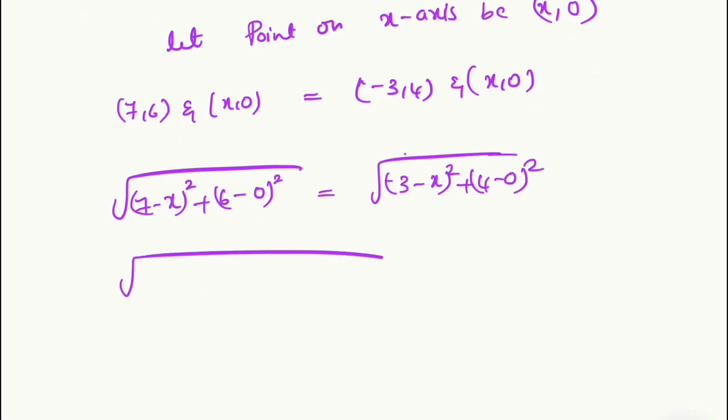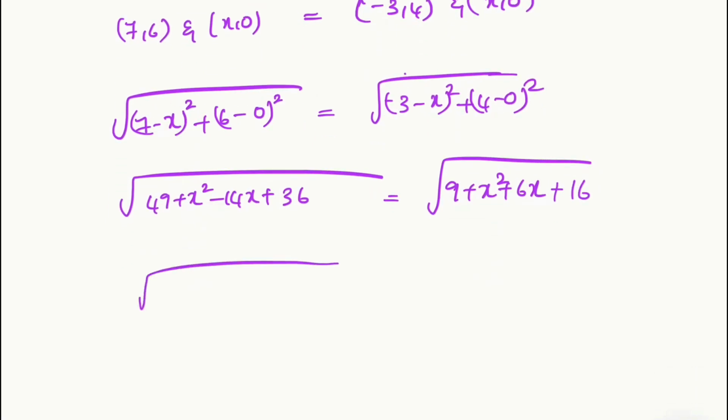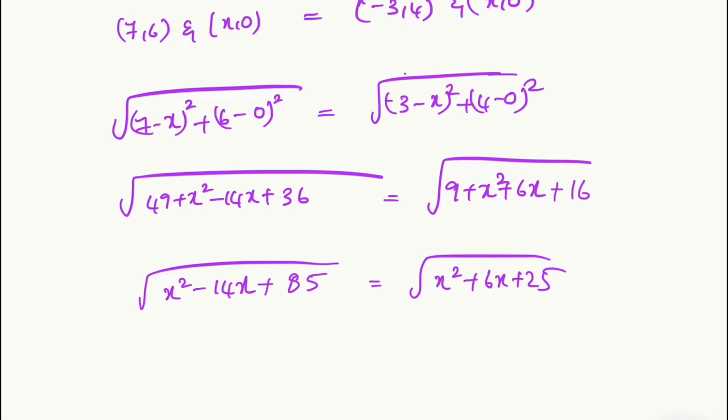How do we get it? Root of 7 square is 49 plus x square minus 14x, 6 square is 36, equal to root of 9 plus x square plus 6x plus 16. So x square minus 14x, 36 plus 49 is 85, equal to x square plus 6x plus 25.